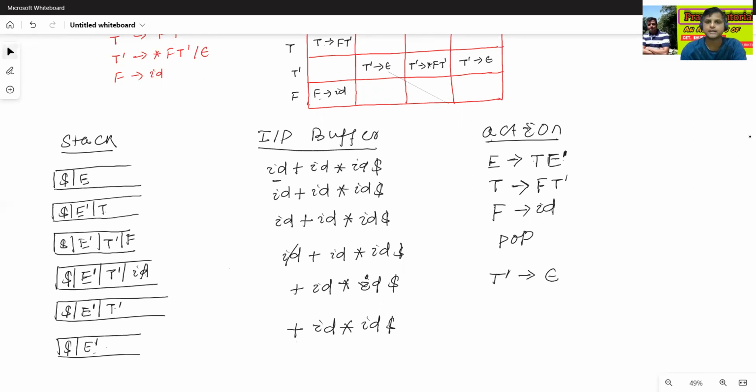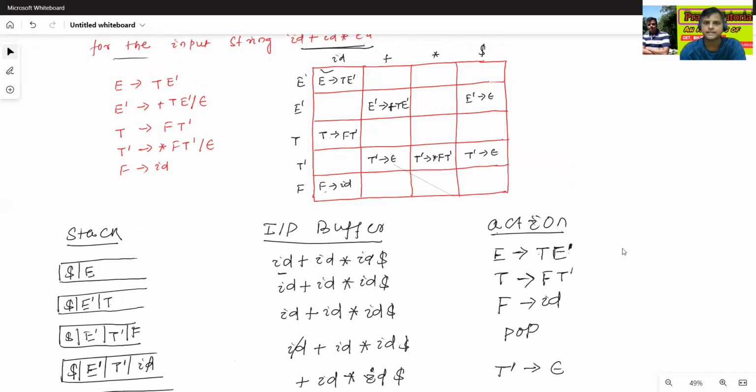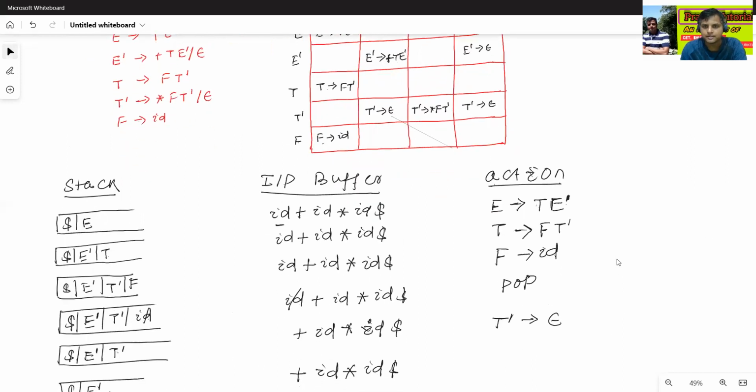Okay, so E prime on plus. Now we'll check E prime on plus here. E prime on plus is E prime to plus T E prime. Now we'll push this one.